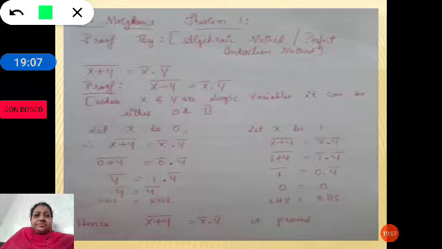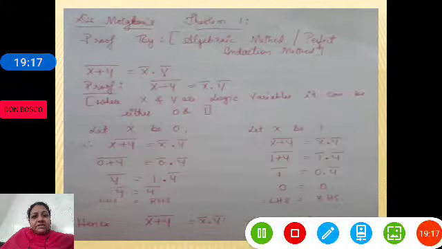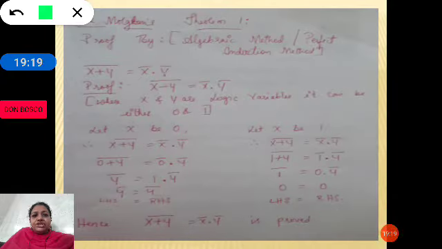So here x and y are the logic variables, and x and y can be 0 and 1. So let's prove this first by taking x as 0. x plus y whole bar is equal to x bar ANDed with y bar.